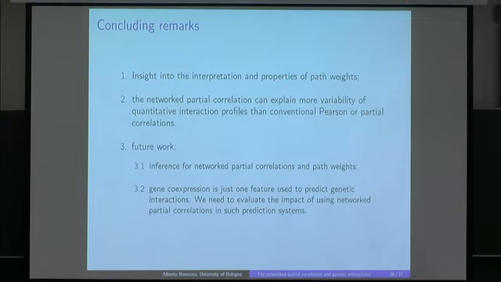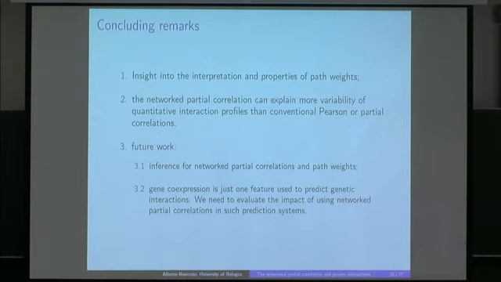Concluding remarks. What we have done in this work is, hopefully, give some useful insight into the interpretation and properties of these pathways, and hopefully open the way to possible applications of these quantities, which I think may be very useful in practice. We have already shown an example where these network partial correlations can be useful: for instance, in the problem of genetic interaction, they explain more variability than other quantities used so far.